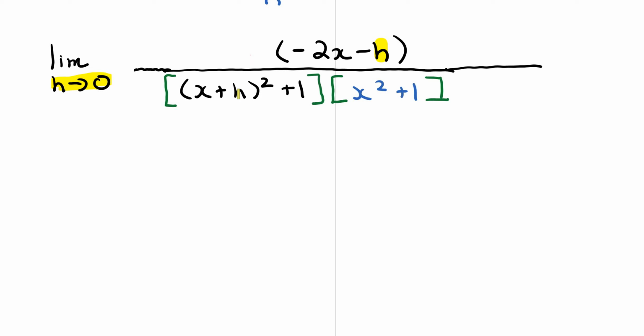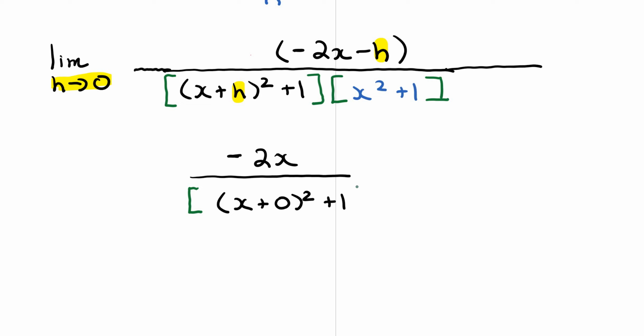Anytime you see an h, all these h's just go to 0. So the numerator is now going to be negative 2x, all divided by, inside the green brackets there, bracket x plus 0 squared plus the 1, and that's being multiplied by x squared plus 1.